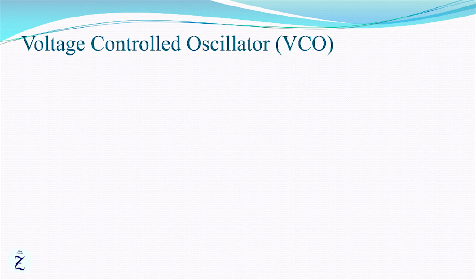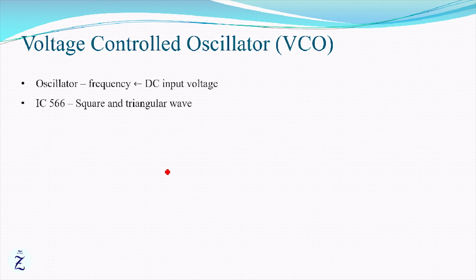A VCO is a circuit that provides an oscillating output signal whose frequency can be adjusted over a range by applying a DC voltage. An example of a VCO is the 566 IC unit, which provides simultaneously a square wave and a triangular wave with frequency as a function of an input control voltage.